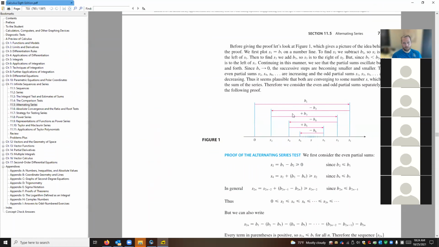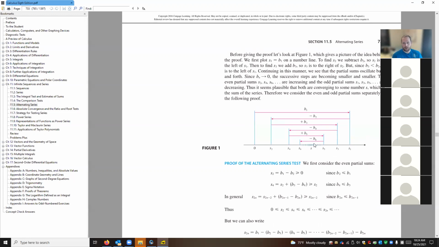So you see 0 out to S1, back to S2, S3, S4, S5, S6, and we have to keep coming in like this because the purple arrows have to shrink down to length 0. That's the statement that the limit of the BNs is 0. We have to eventually arrive at some middle value. And what guarantees this nesting is that the BNs are decreasing.